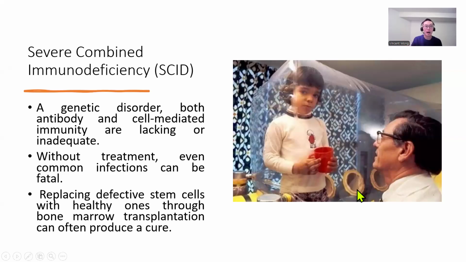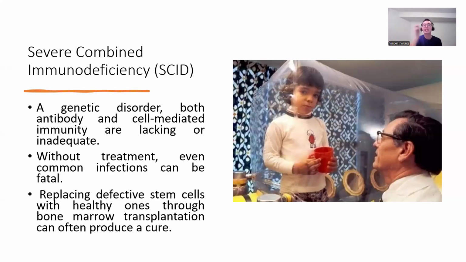And so the boy kept on living in this bubble until he was around 11 or 12, I think. By the time he was 11 or 12, they were able to perform a bone marrow transplantation from his sister. If you think about it, if you can't make any white cells, it's because your bone marrow has a mutation.